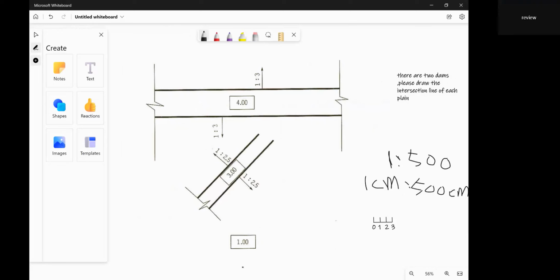In your exercise book, you can see the scale ruler is 1 to 500, and you can also use my given scale ruler.